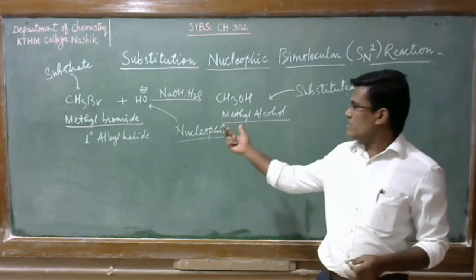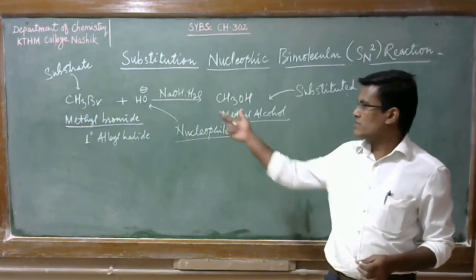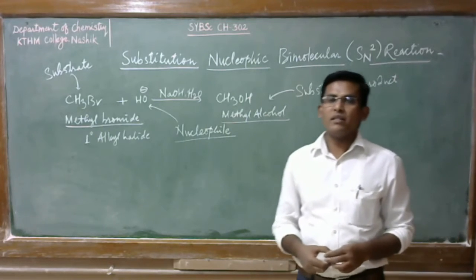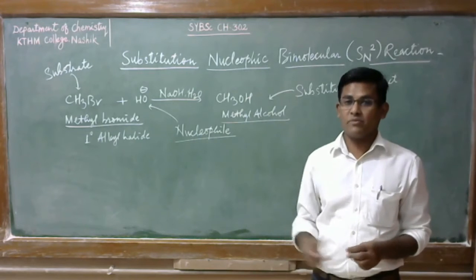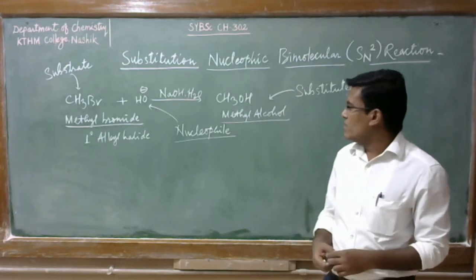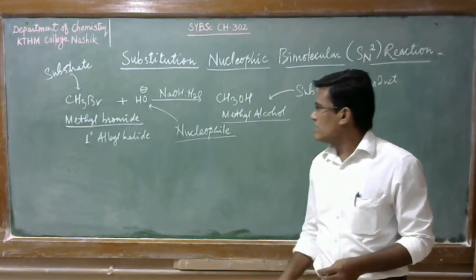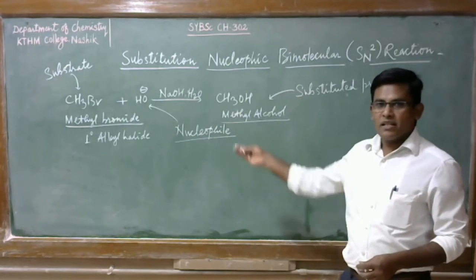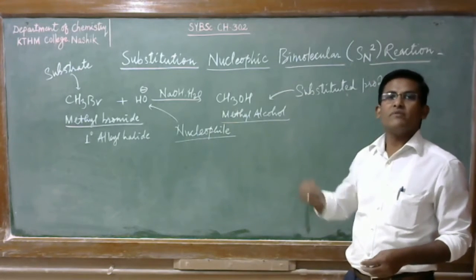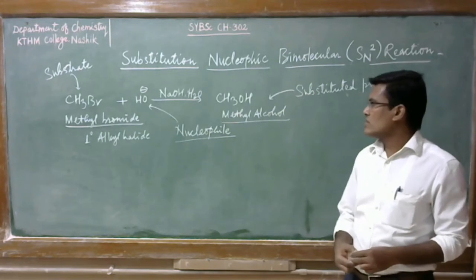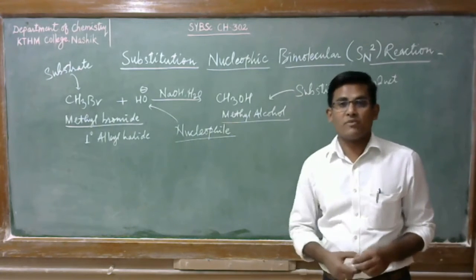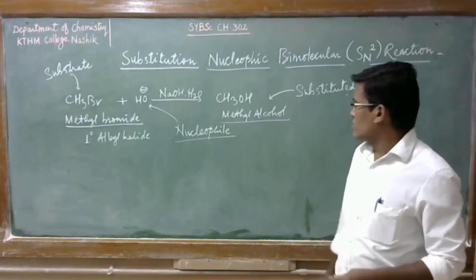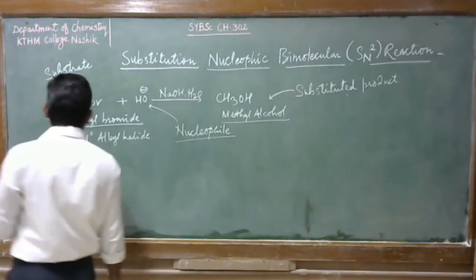The collision of this nucleophile with the substrate methyl bromide increases, which will result in an increase in the rate of the reaction. So if the concentration increases, collision will also increase, and ultimately the rate of the reaction increases. Let us have the kinetics of this reaction.